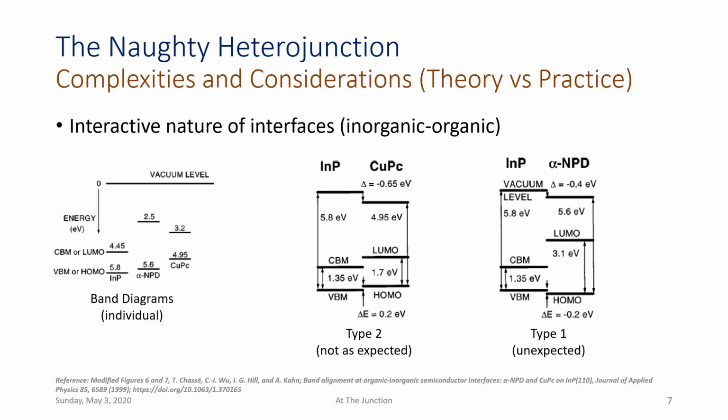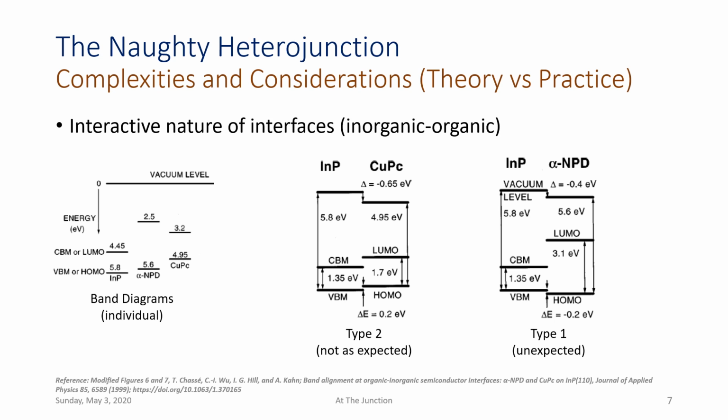Analyzing this, we could conclude that both the organic materials would form a type 2 heterojunction with indium phosphide. In case of the indium phosphide and copper phthalocyanine heterojunction, we do get a type 2 heterojunction, but it is not as we would have expected because the delta EV is much smaller.